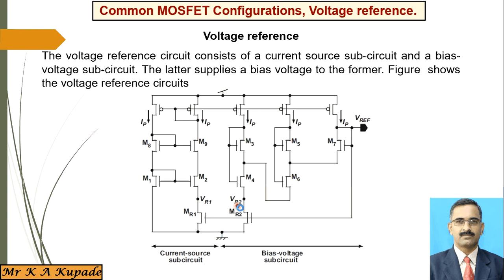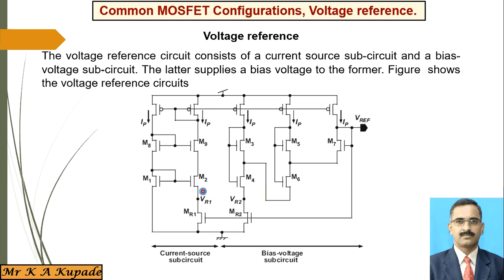Here the bias voltage circuit is also implemented to get the exact V reference from this circuit. So these two parts are considered to develop the voltage reference configuration.